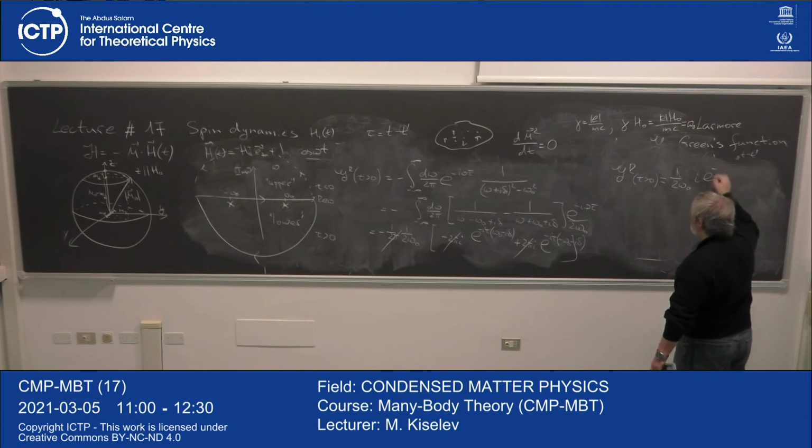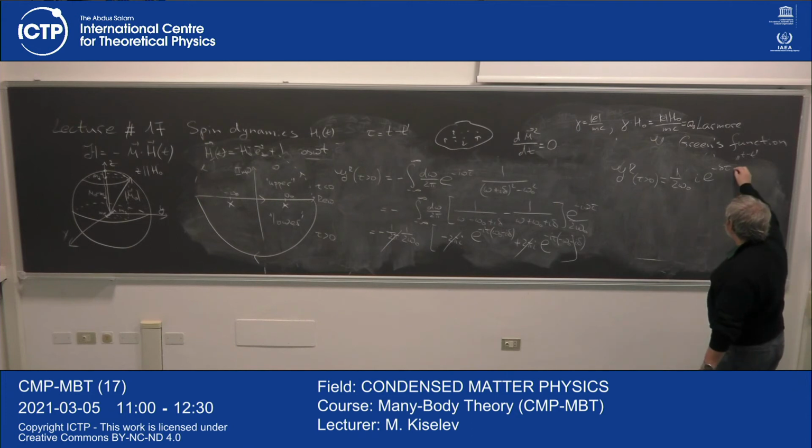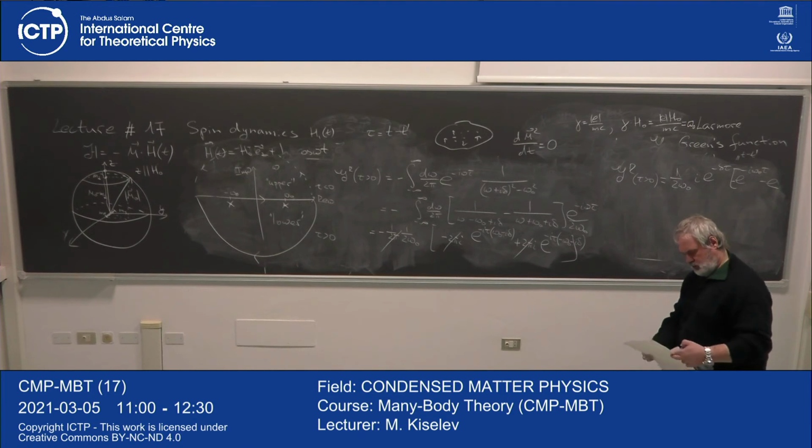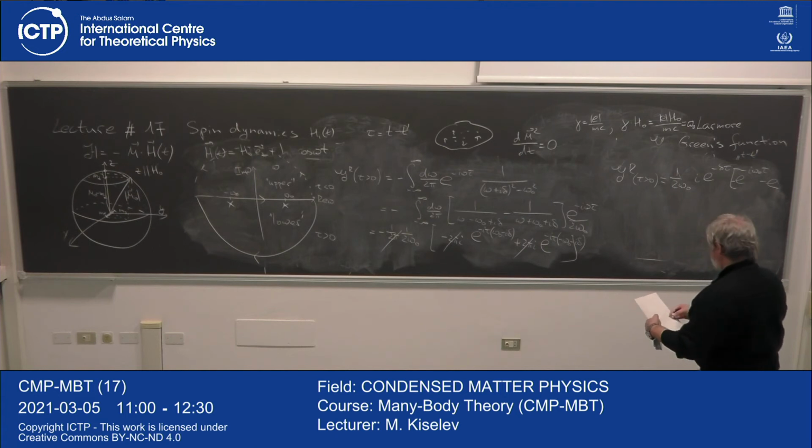I can take e to the power minus delta tau, and what remains in the brackets is e to the power minus i omega naught tau minus, no, I think it's correct.